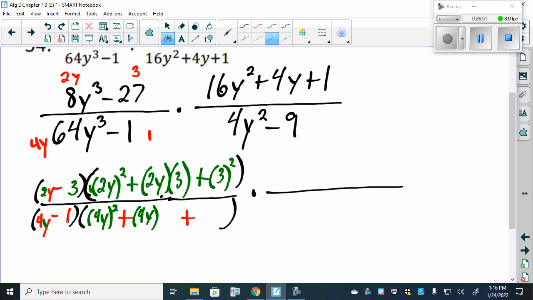And our other term is going to be 1 and 1 squared. Which is going to be the next one we would want to factor after this. And I'll give you all a second to finish writing that down.